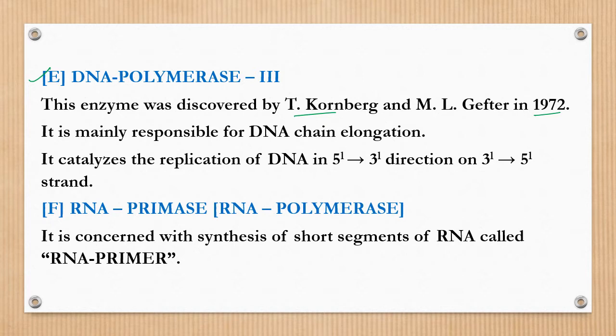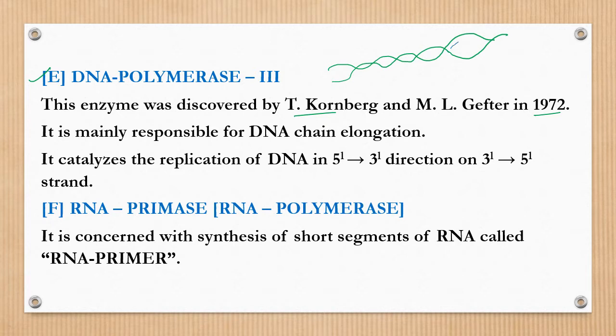Chain elongation means, as we already said, a DNA molecule is broken and unwound by topoisomerases and helicases. Now a new DNA strand is formed parallel to this.